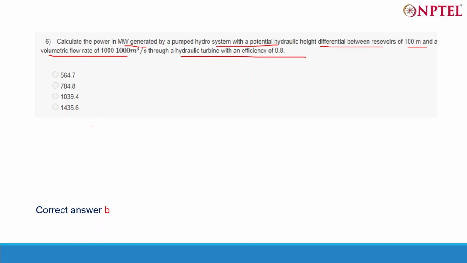Rho is 1000, this is the flow rate, g is 9.81, H is given as 100 meters, and efficiency is given as 0.8. Everything is crystal clear. So this is the correct answer.